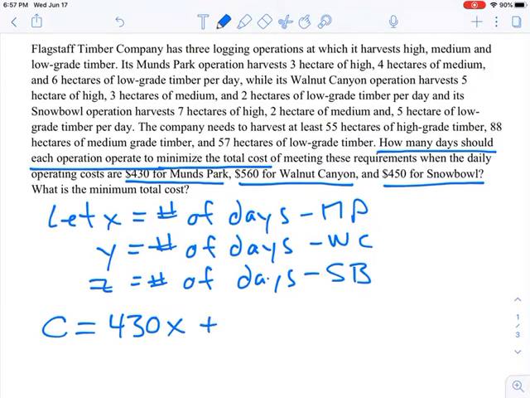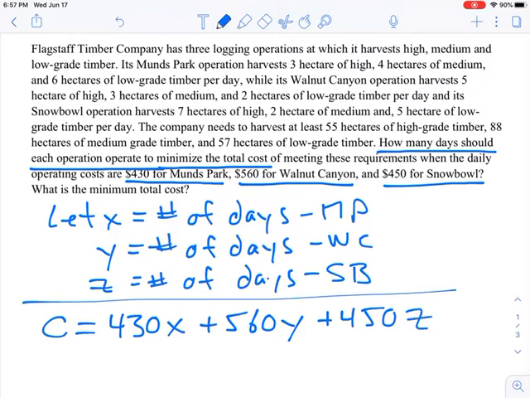Likewise, $560 operating costs per day for Walnut Canyon, which is Y, and $450 per day for Z days for Snowbowl. So there's my objective function. We already know we are doing a minimization problem.